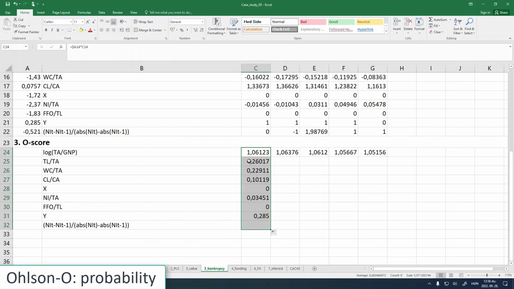If we are scrolling down, then we can see that now it assigns.